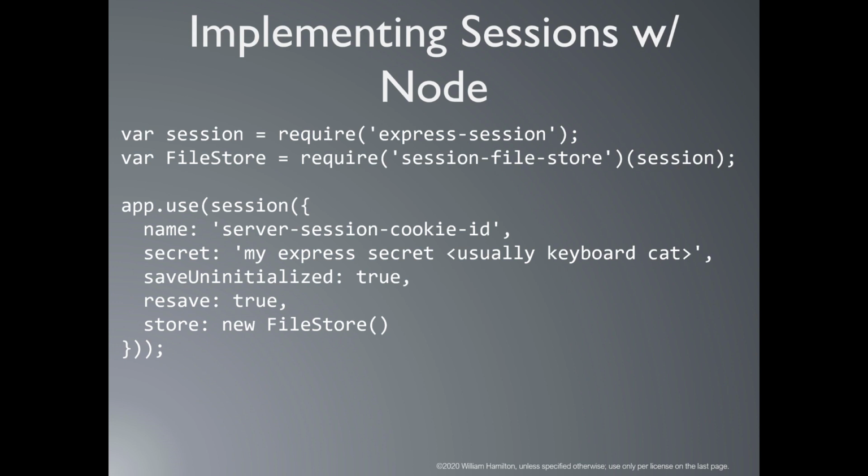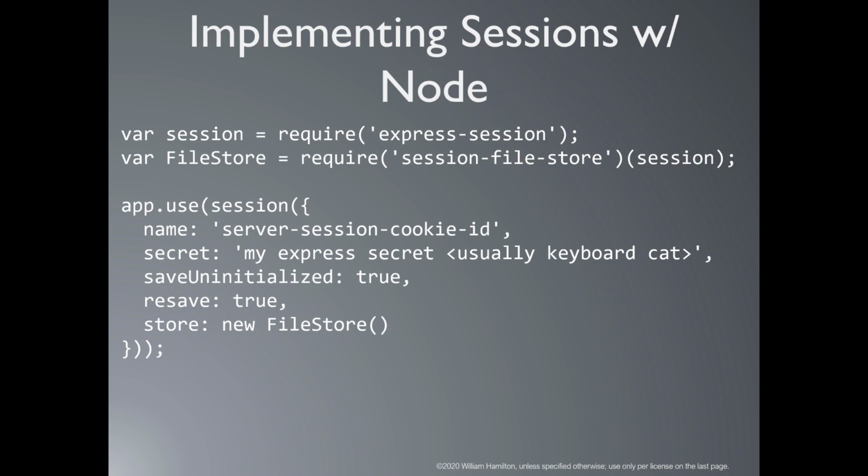We need several things. One of these is the name that we want to use for our session. This is going to be unique to our website. It'll be different on other websites. A secret, this is used for doing a lightweight encryption of our sessions so that they're somewhat protected.